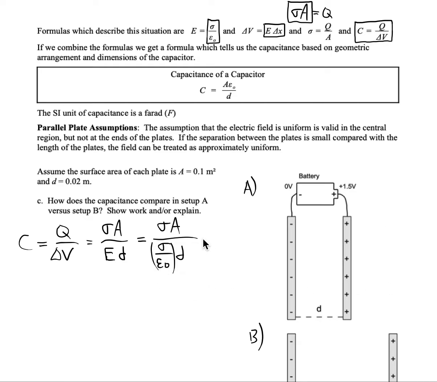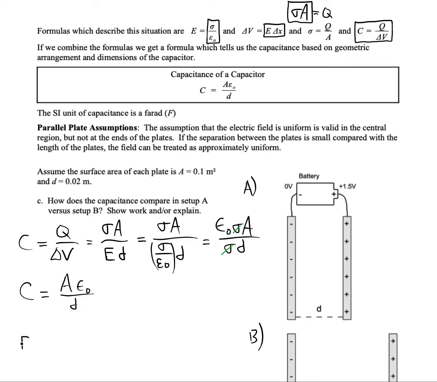And then by flipping that fraction, we'll get this. Finally, we'll cancel off the surface charges to reveal that the charge that's on the plates doesn't alone determine the capacitance. Instead, the capacitance can be given by A epsilon naught over d.